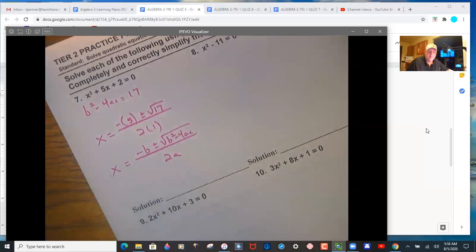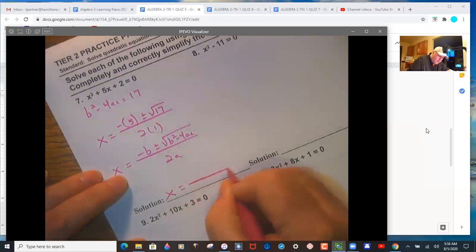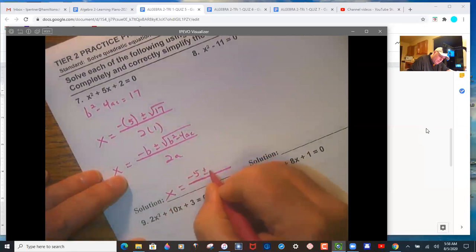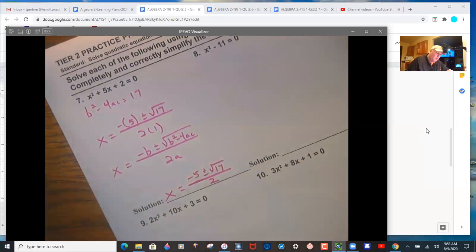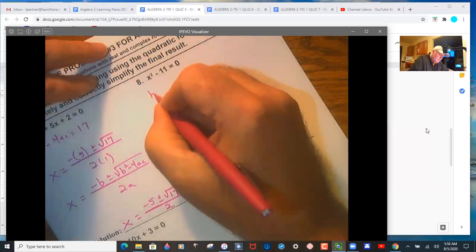Just to take that time out. That calculates, from our original set of notes we had, that calculates the x-intercepts if they exist. Okay, so the square root of 17 does not reduce. So that is it.